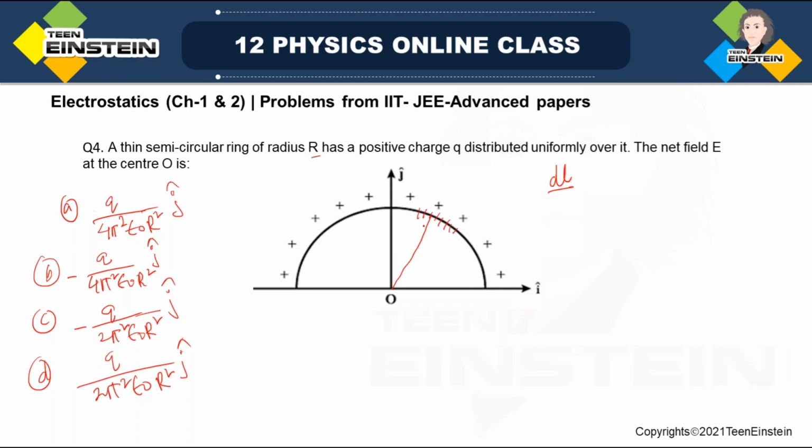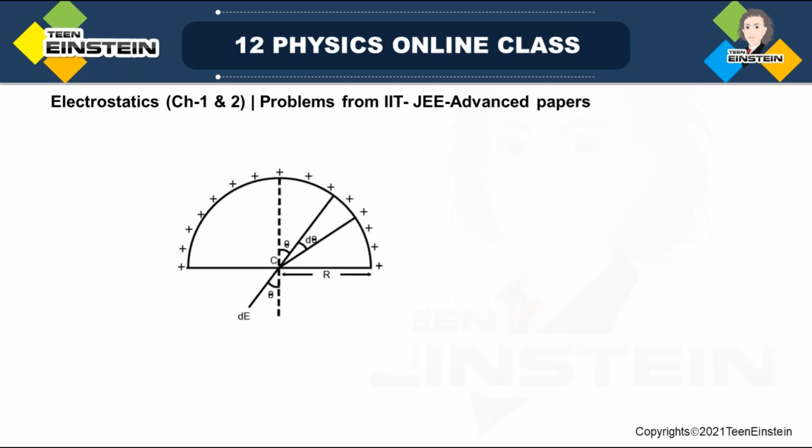Let me show you this figure. I have just taken a line element of the semicircular ring, this one. This has length delta L, and that delta L is making an angle delta theta at the center, as you see. Since it is a linear charge, I can think of lambda as total charge q, so lambda will be q by pi R, because it is a semicircular ring.